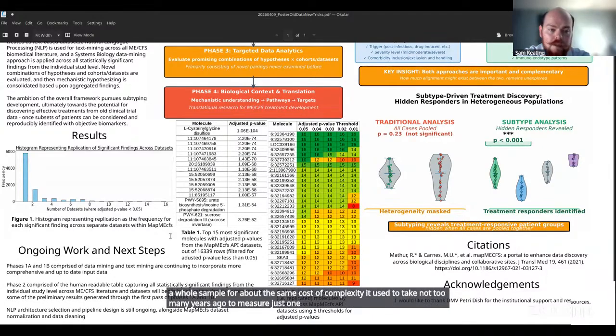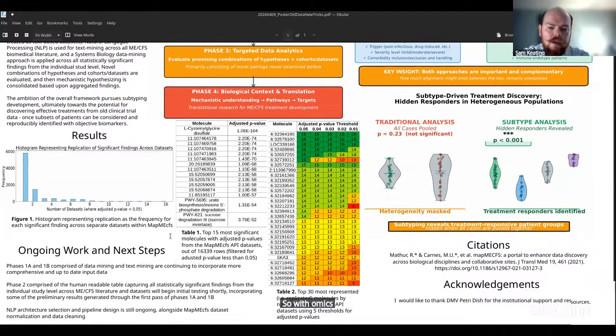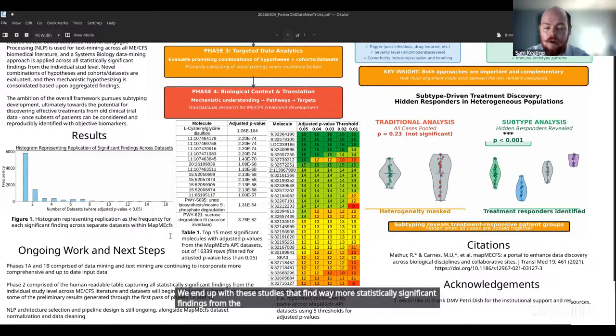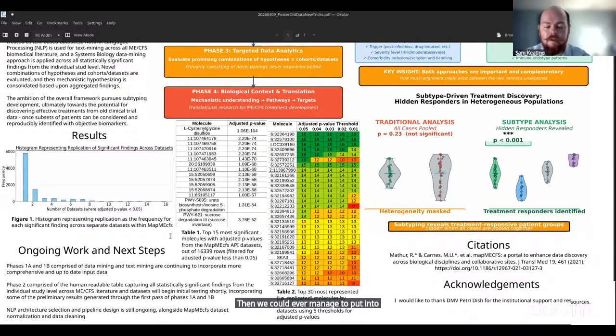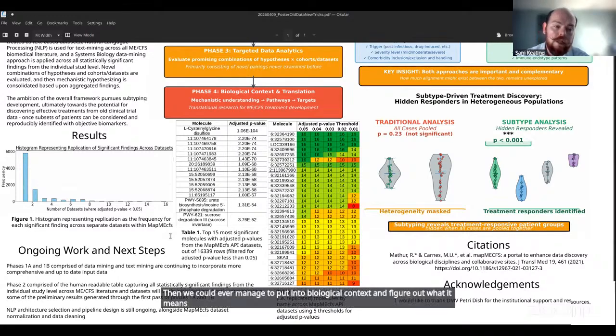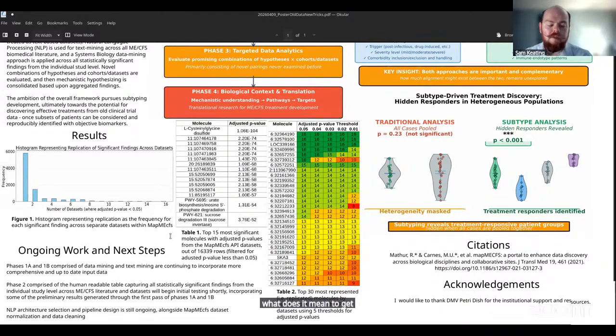So with omics and multi-omics on top of it, we end up with these studies that find way more statistically significant findings from the individual study alone than we could ever manage to put into biological context and figure out what it means. So we have to consolidate. What does it mean together? What do these findings mean? What are the ramifications?